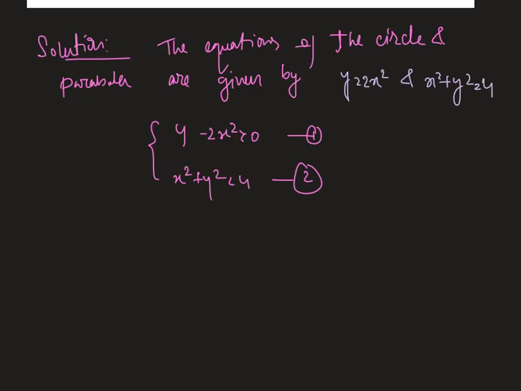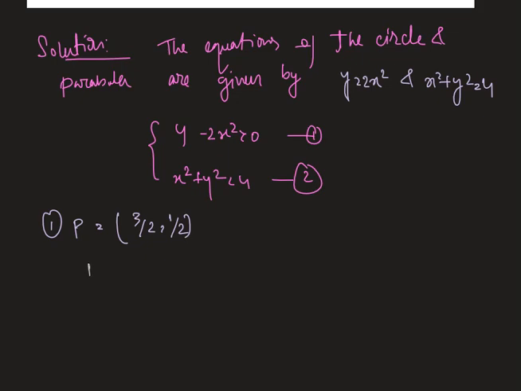So let's start with the point P. The point P is (3/2, 1/2). So we put the values of x and y in the first equation.